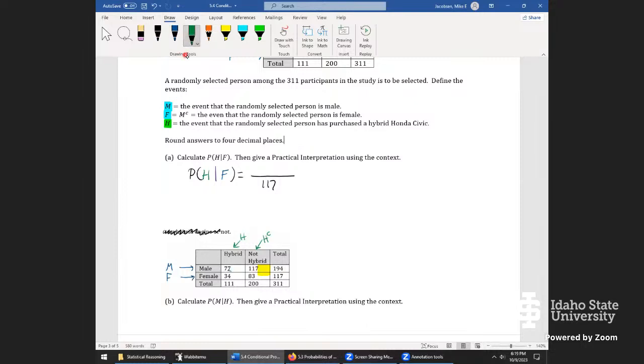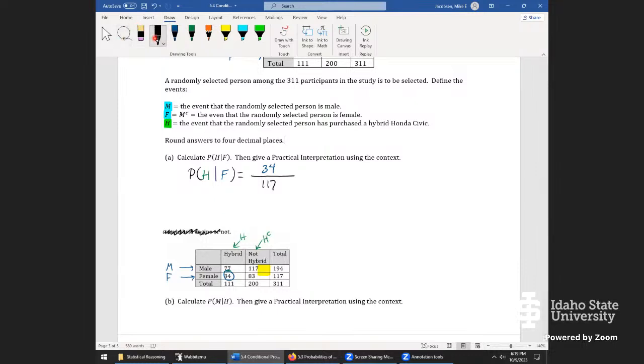So this count of 34 comes from, I should use blue, right here. At this stage, we're just about done. We're going to get a number, and then we just have to interpret that computation. So we took the 34 females going into the numerator, and we divide by the total number of females in the study, 117. And that's how the conditional probability is going to go essentially each and every time in this course.